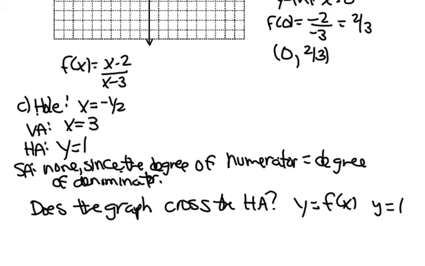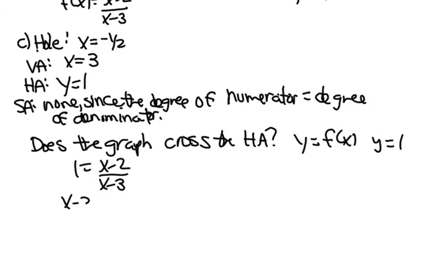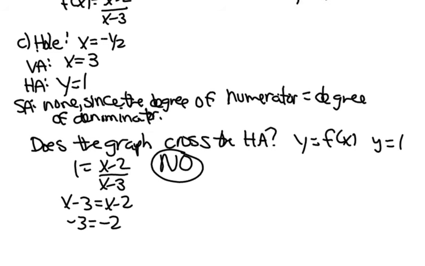So I'm going to replace f of x with 1. Multiply both sides by the denominator. So that's what? x minus 3 is equal to x minus 2. Subtract out the x's. Since 3 does not equal negative 2, this is not going to cross the horizontal asymptote.